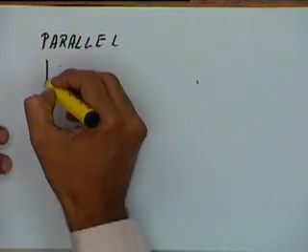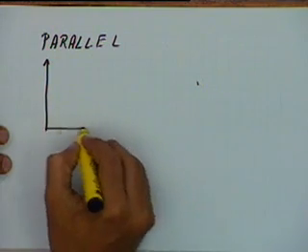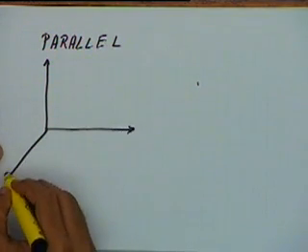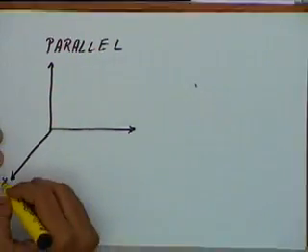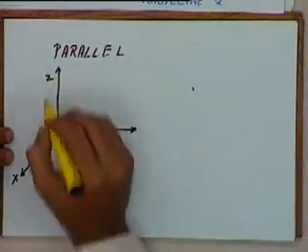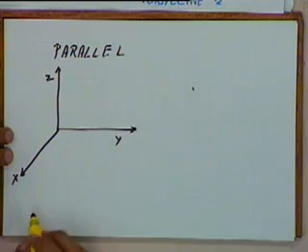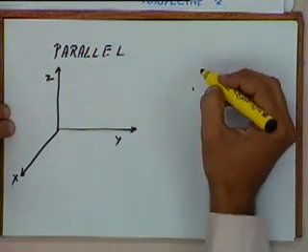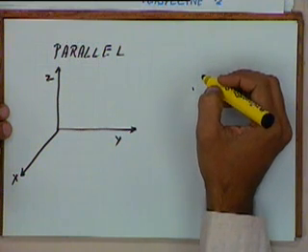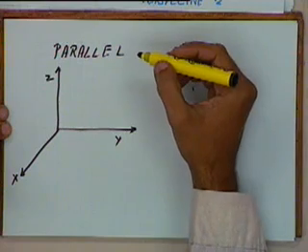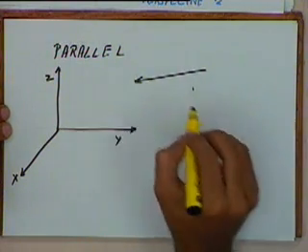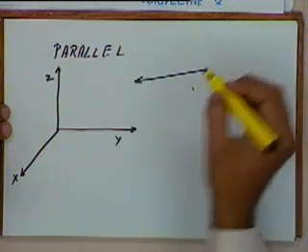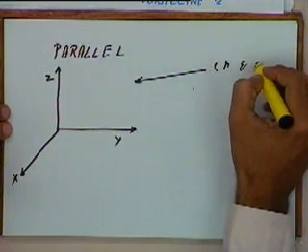In the case of parallel projection, if this is our coordinate system, we have been taking x, y and z. Now we don't have a particular location of the eye in this case, but we do have a viewing direction. Let us say we define this viewing direction given by some vector p, q, r.